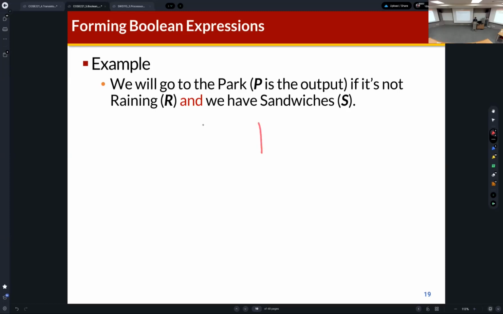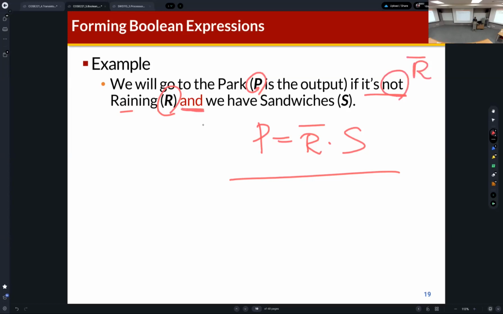So P is R bar and S. If you read this sentence, P is the output, and if it's not raining, which means R bar, and it is also an AND gate in the circuit, and then we have a sandwich. If we cannot find any other not in this sentence, then P equals R bar and S.